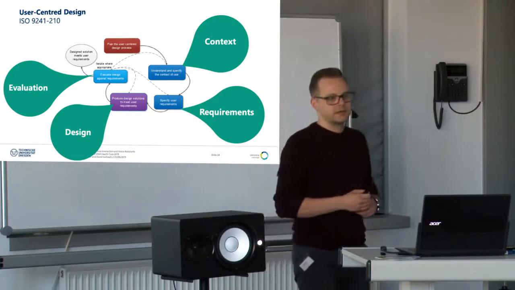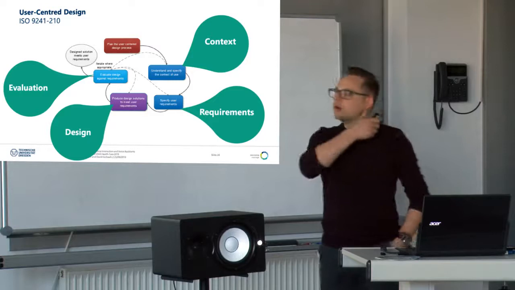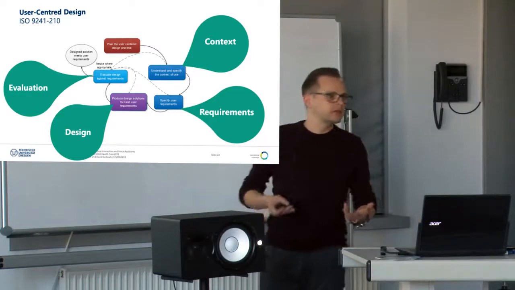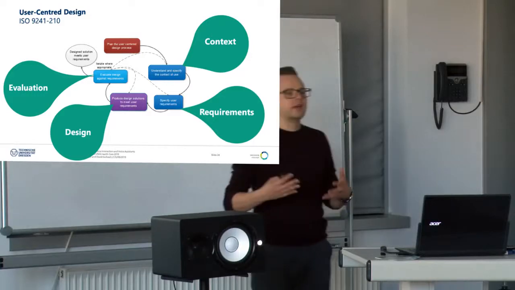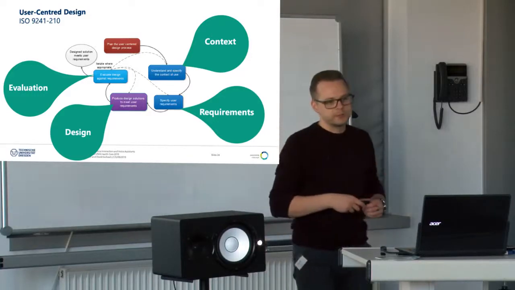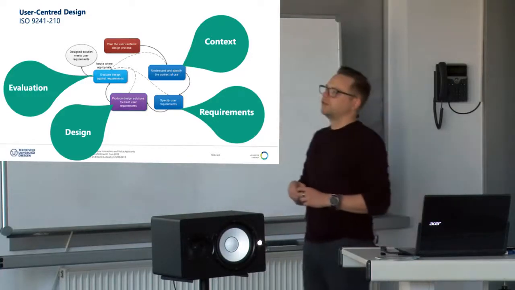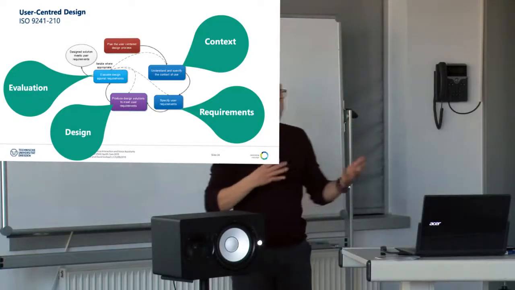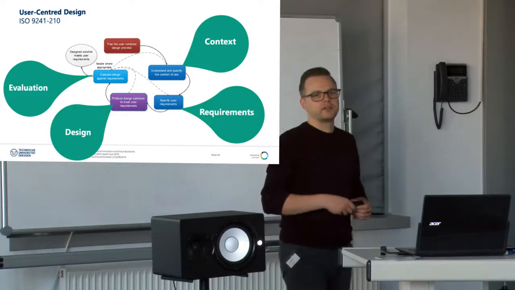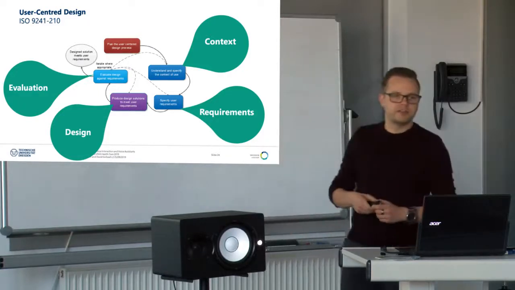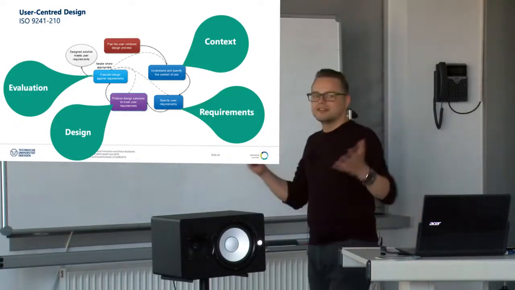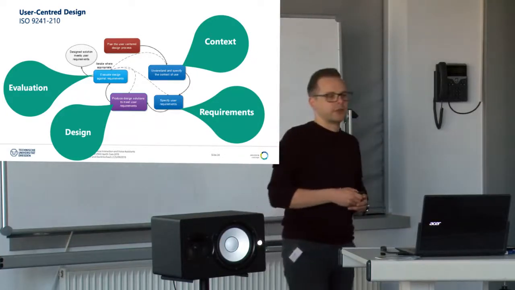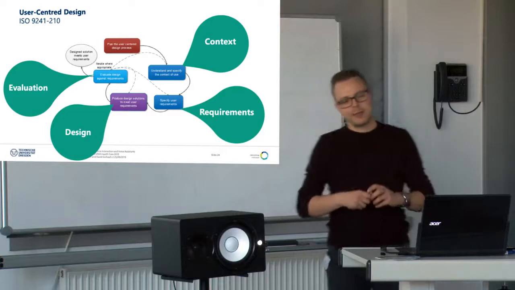In the third phase, the design and implementation phase, we have to create something: the design, the user interface, maybe at first a prototype, which we are going to, in a fourth step, evaluate. So we have to see if our requirements are matched, and we have to find that out using specific evaluation techniques and methods that we choose from a variety.